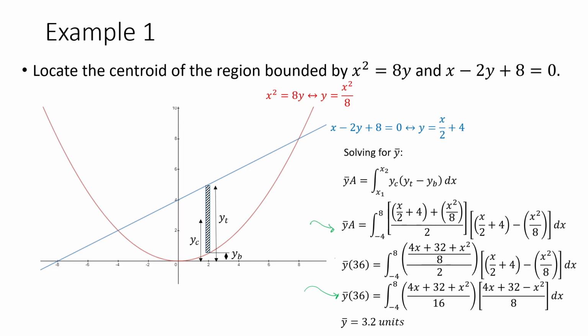All right, so any questions? Most likely your final answer would be preceded by therefore, the three-dot triangle symbol. So the centroid is, since it's a coordinate, you can express it in this manner, equal to 2 and then 3.2.